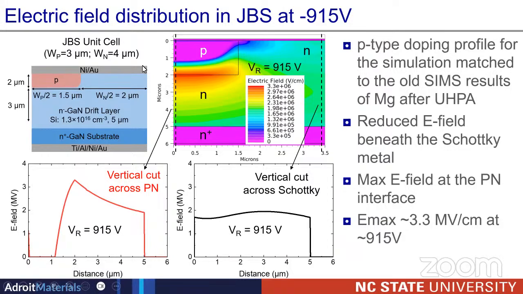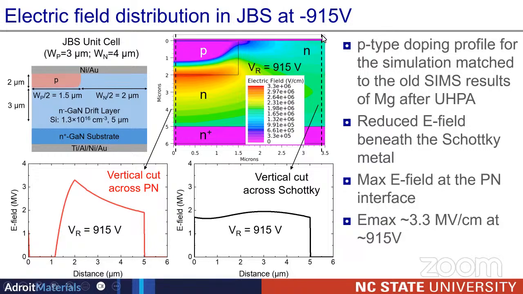Where you have a Schottky region, you also see less electric field: this is 3 megavolt per centimeter versus almost 1.5 megavolt per centimeter here, as you can see from this graph at the bottom. From this cut line where you have P and N, the electric field peaks around 3.3, but that is still in the bulk, not at the metal surface.